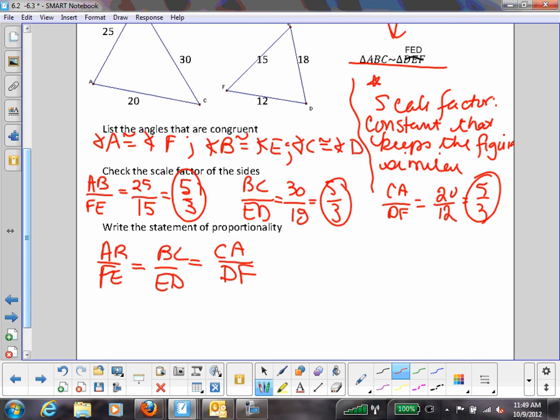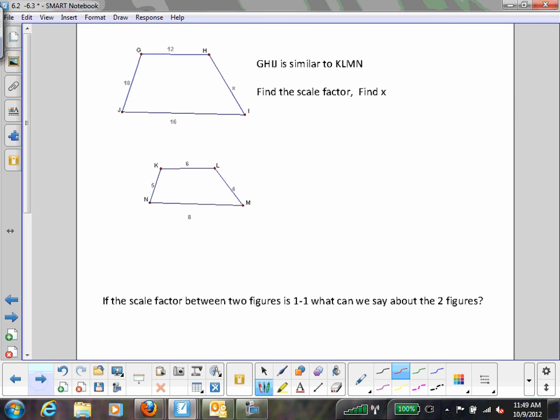And then that would be the statement of similarity. Right. That's all. Okay?